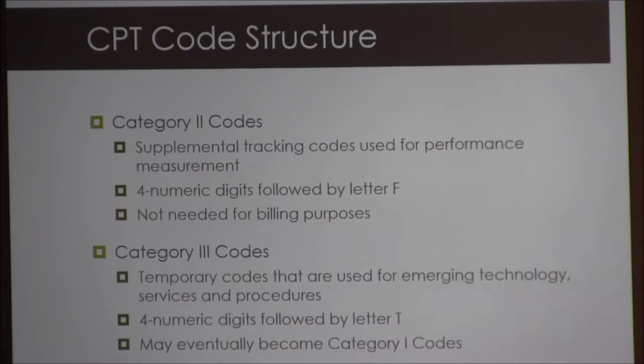And as technology continues to grow, the codes are going to have to be adopted within the system so that they become primary billing codes. And that's the goal of category 3. Eventually, hopefully, some of these become category 1 codes. So they're 4 digits and they follow with the letter T.